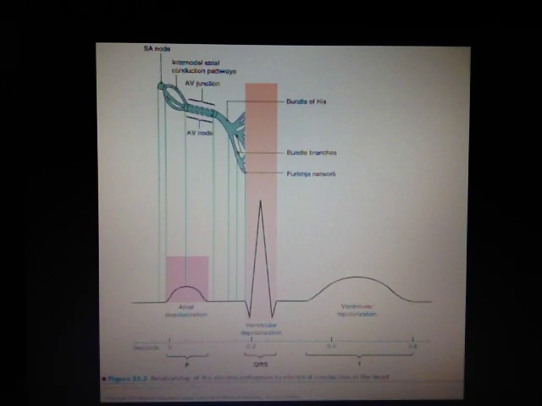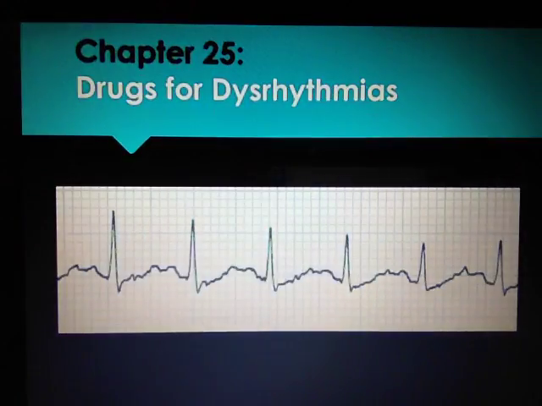With that being said, just because there is electrical activity in the heart does not necessarily mean that the heart is pumping. We could see this on the monitor, especially in a code situation. There could be many different reasons why this occurs, but just because there is a rhythm up on the monitor and the heart is producing this electrical activity does not necessarily mean that the heart is actually pumping.